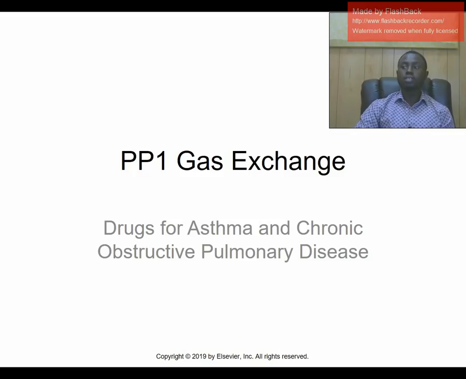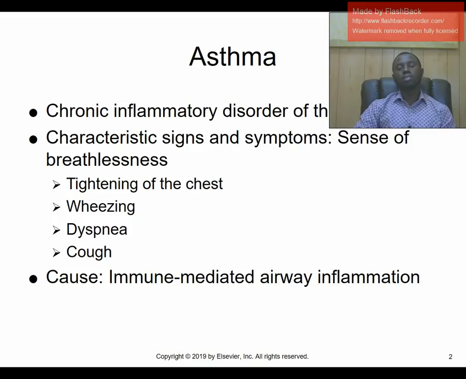So first, let's talk about the pathophysiology of asthma. Asthma is a chronic inflammatory disease characterized by inflammation of the airways, bronchial hyperactivity, and bronchospasm.